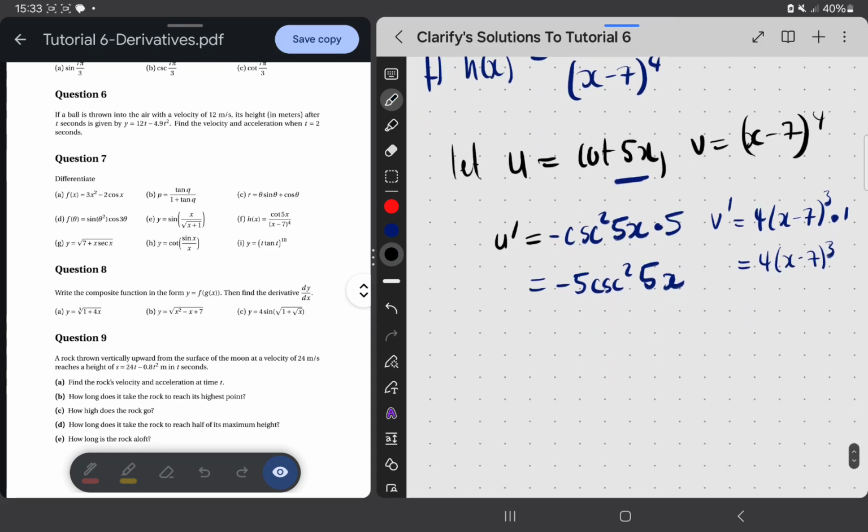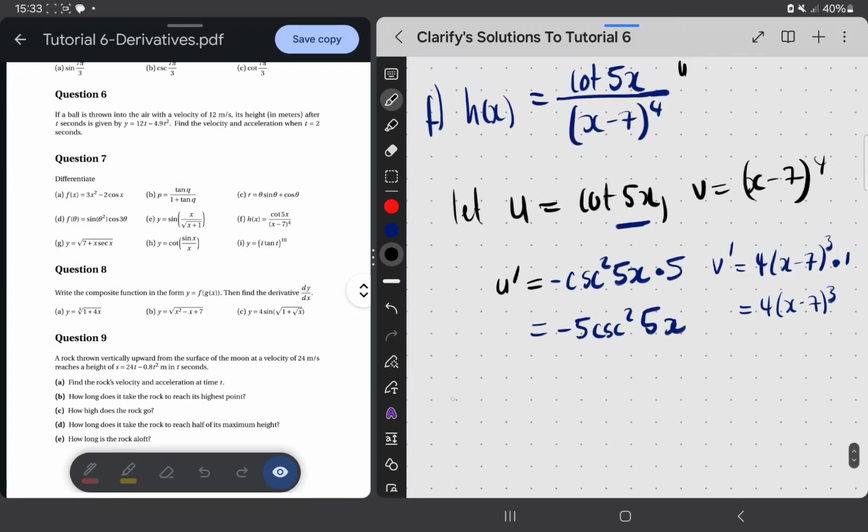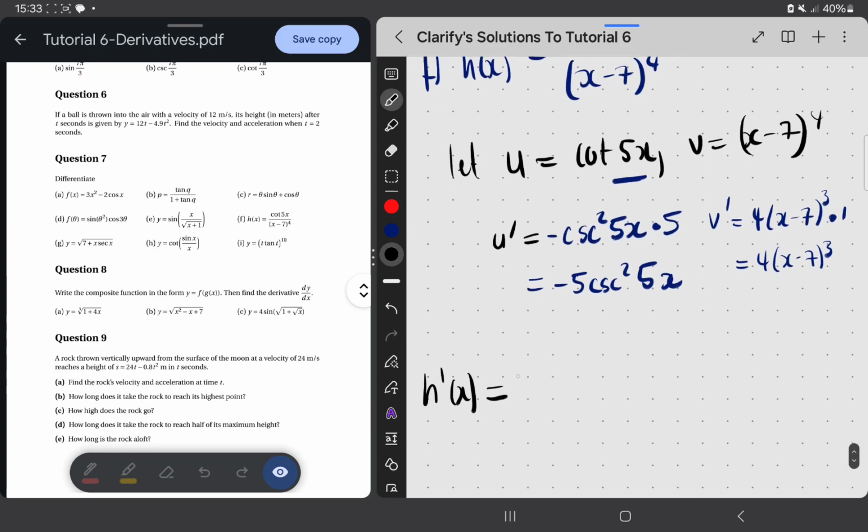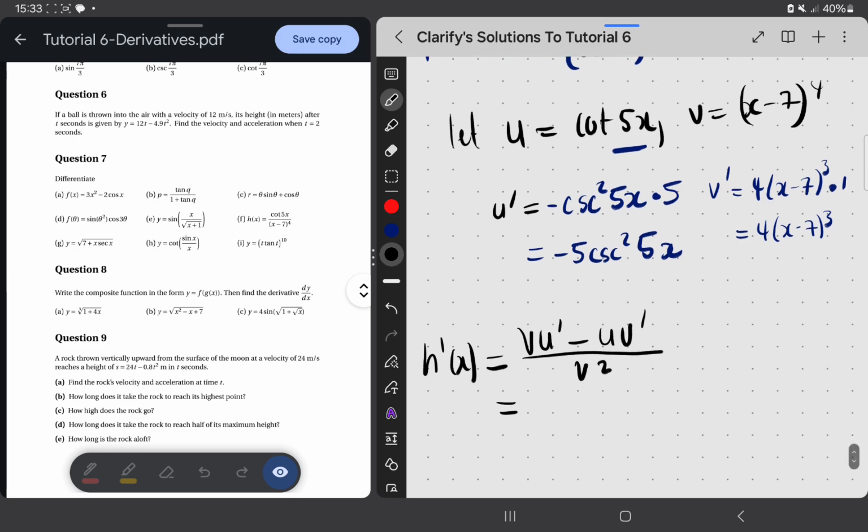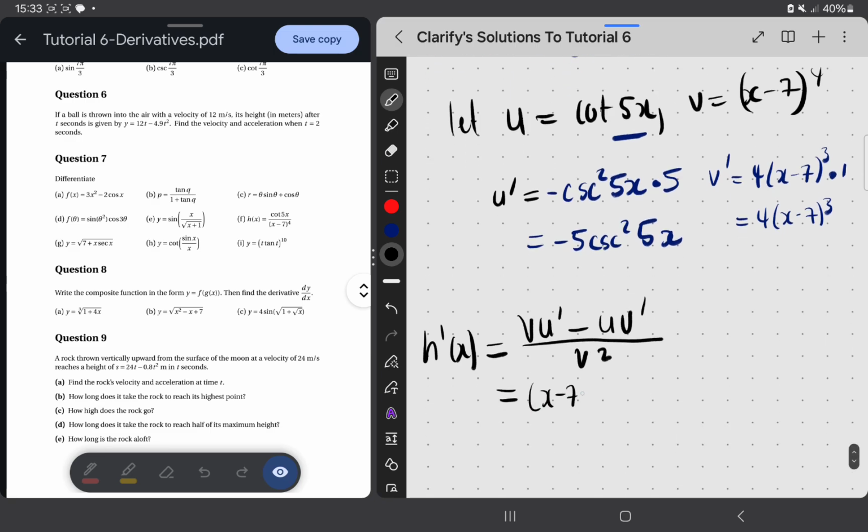Anyway, now we can say h prime of x is going to be equal to, since it's quotient rule, low d high, u prime, minus high d low, v prime, over square the bottom, v squared. What's my low? x minus 7 to the power of 4, that's v. So it is equal to x minus 7 to the power of 4 multiplying the derivative of the top, which is negative 5 cosec squared 5x.